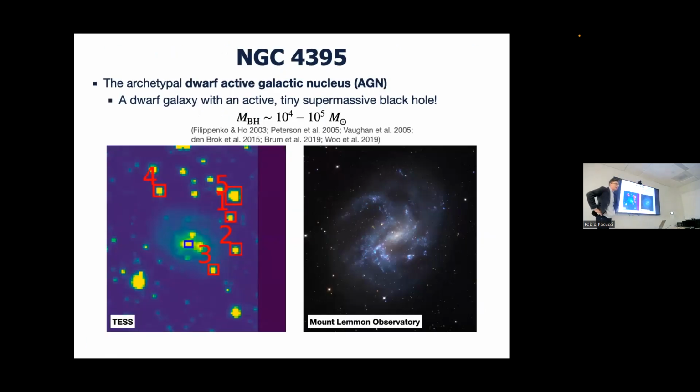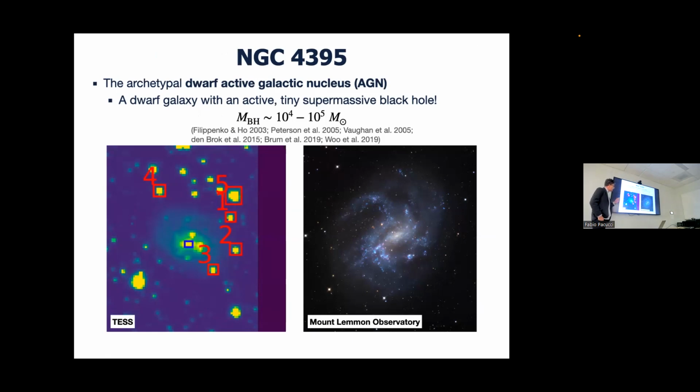One of my first projects as a graduate student at the University of Illinois was to use data from this satellite called TESS to look at nearby AGNs. On the left is a TESS image, and on the right is a ground-based image of this beautiful spiral galaxy, my favorite galaxy, NGC 4395.